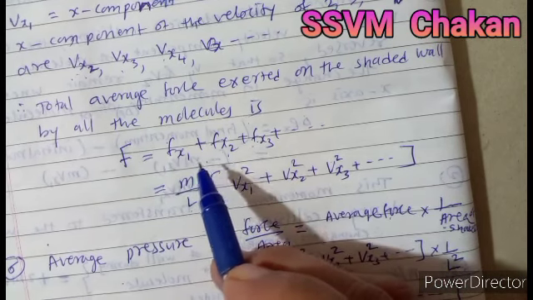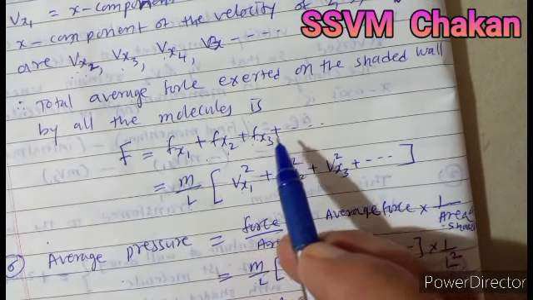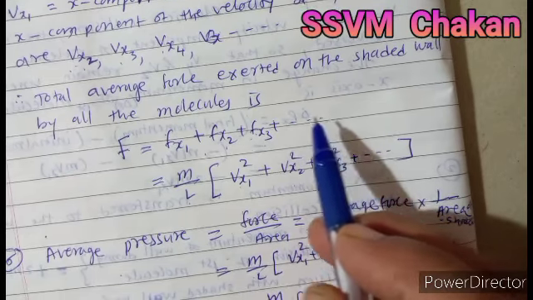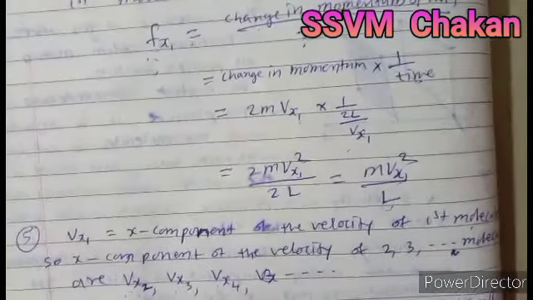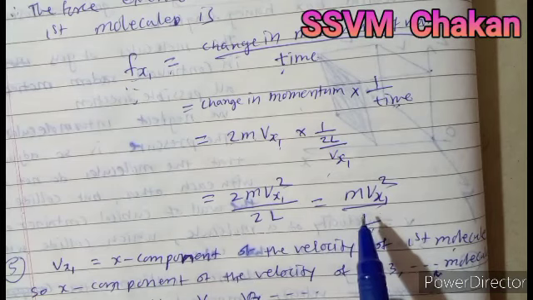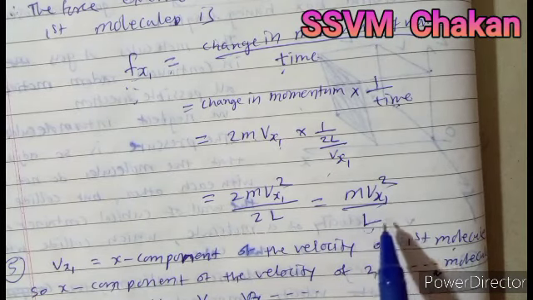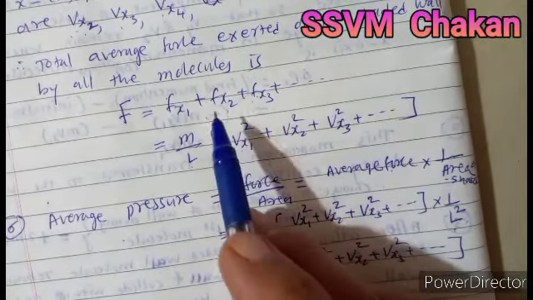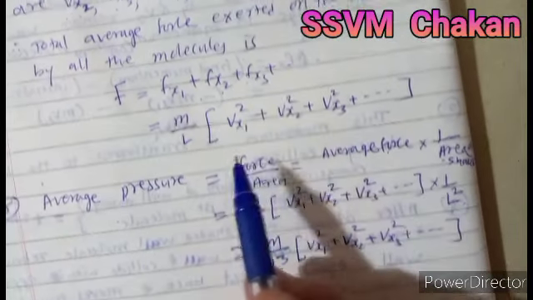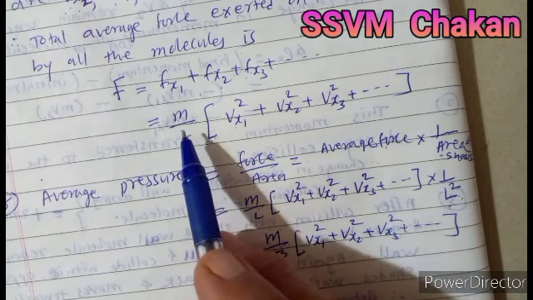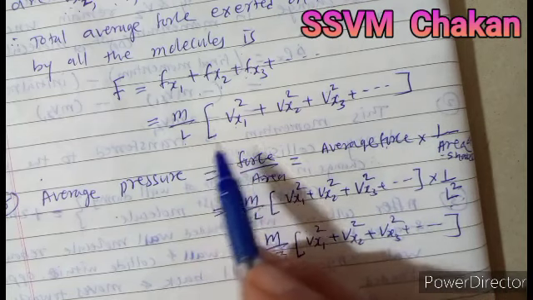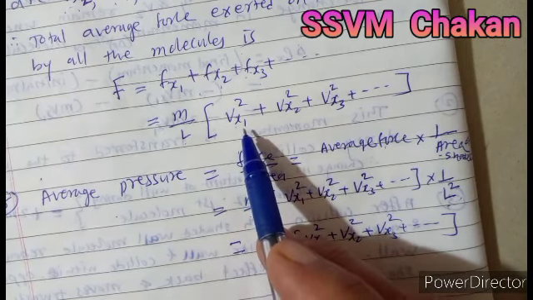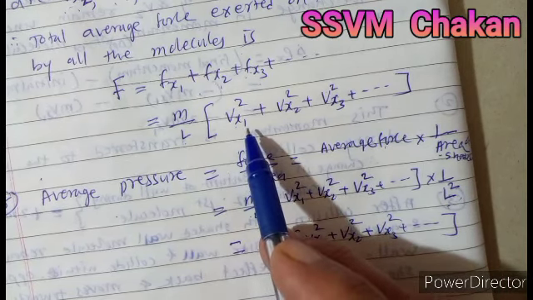So Fx1 plus Fx2 plus Fx3 and so on. Similar to the formula Fx1 equals m Vx1 square divided by L, we write each force Fx2, Fx3 and add them, take m divided by L as common, and in the bracket remains Vx1 square plus Vx2 square plus Vx3 square plus so on.